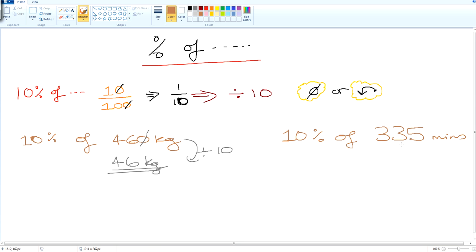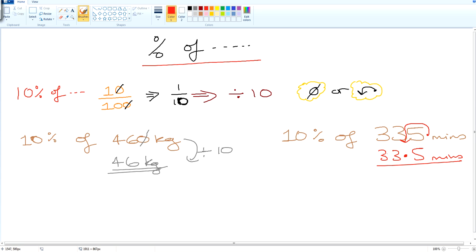Now in this particular question, there's no 0 to remove. So what we need to do is insert a decimal point at the end of the whole number, where the decimal point lives, and now move the decimal point one place to the left. Drop the decimal point down, copy everything down, and that is our 10% value.